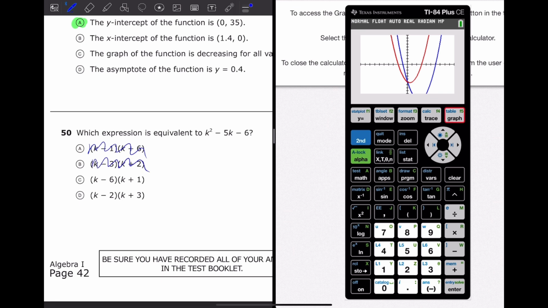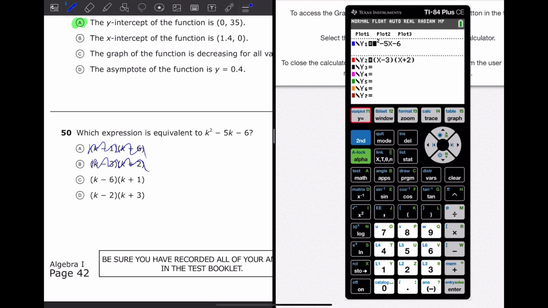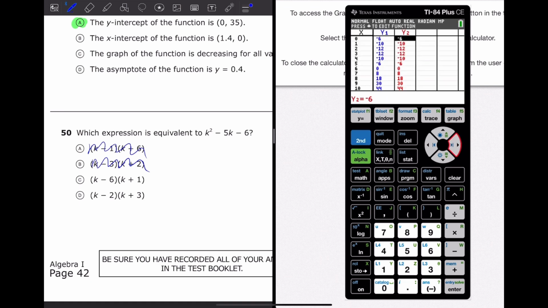Nope. Next one. Looks like it's a match. Check the table. It looks like the Y's are matching.